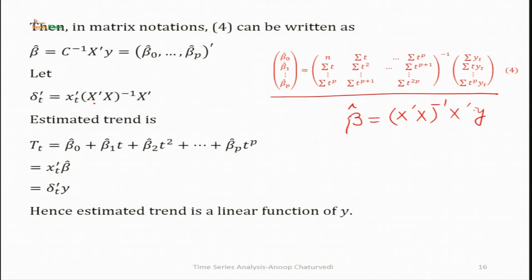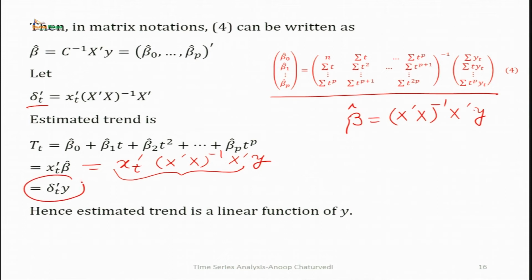So, beta hat is equal to x transpose x inverse x transpose y. So, you can write it as x t transpose x transpose x inverse x transpose y, and then we write this entire vector as delta t transpose. So, T t is equal to delta t transpose y, this value is your estimated trend value.